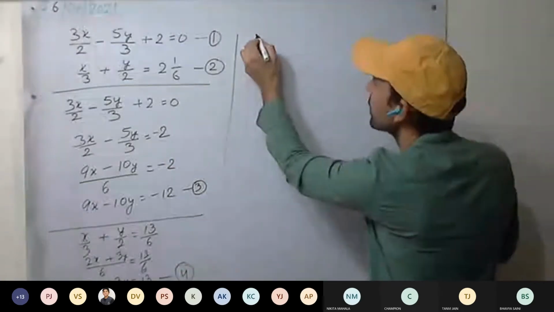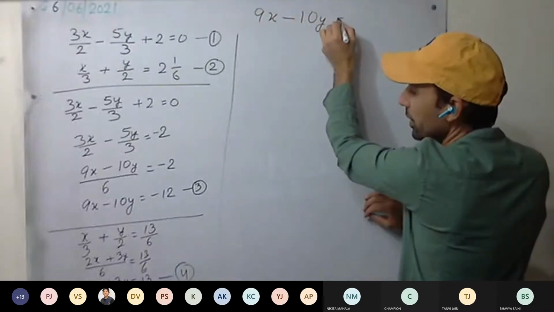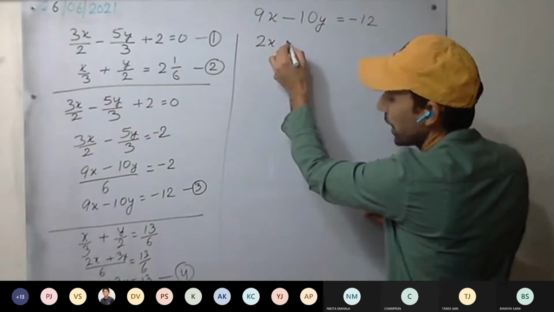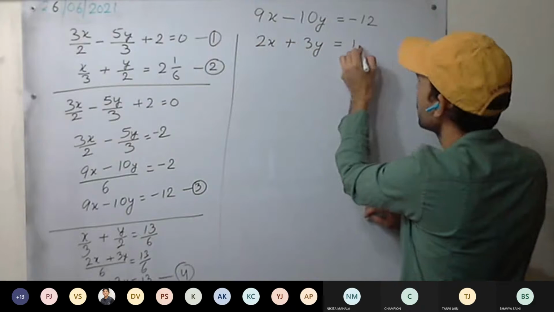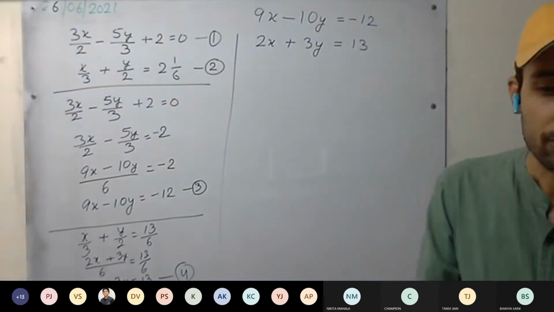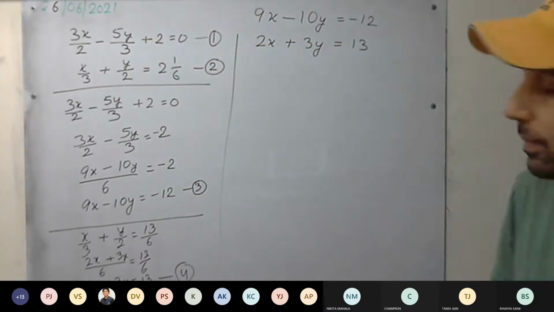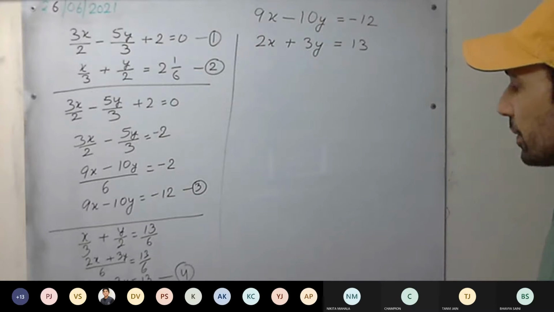Okay. I'm writing here 9x minus 10y equal to minus 12. Second equation 2x plus 3y equal to 13. Okay. Now how to proceed? These are the two equations we have got.